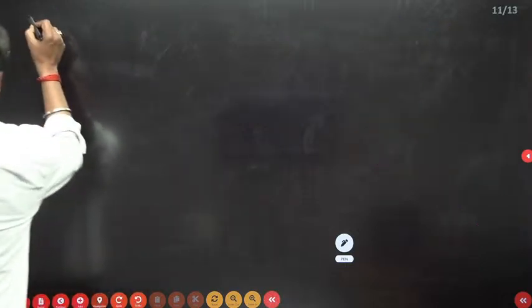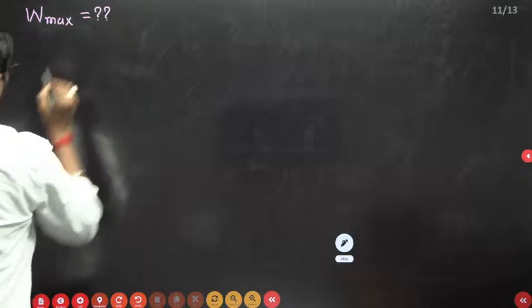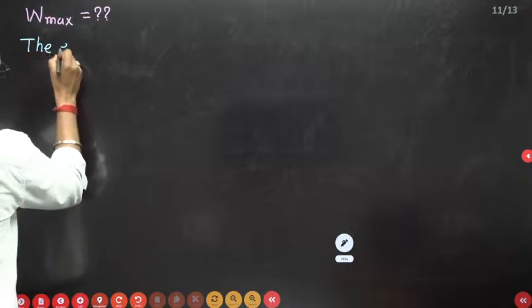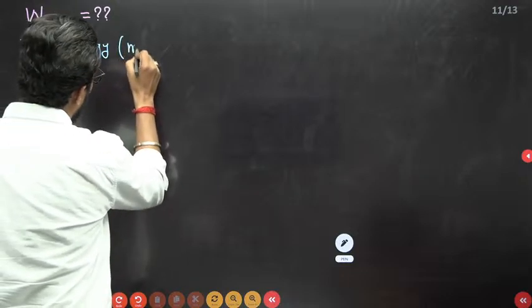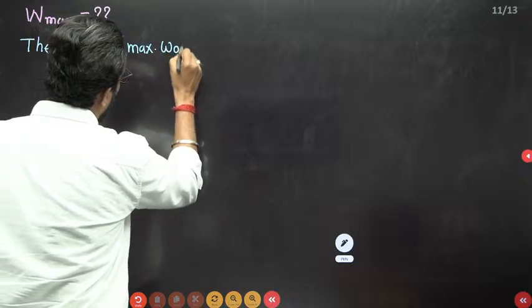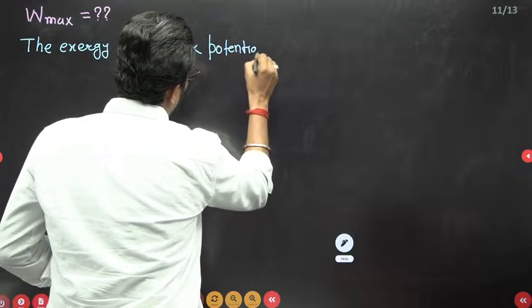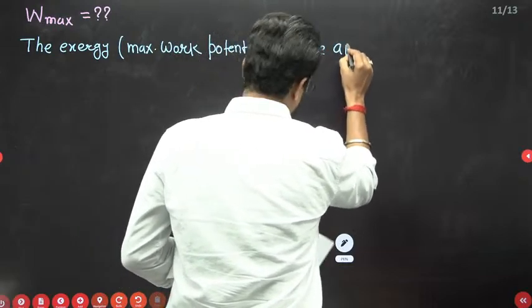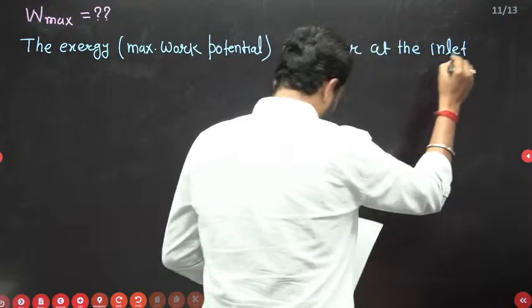That means if you find W max, so for that one we have to find the exergy, that means maximum work potential, maximum work potential of the air at the inlet conditions.